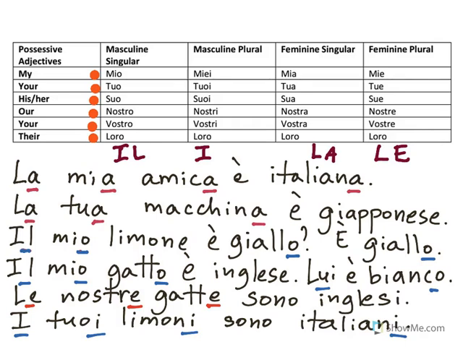Then, according to the gender and number, you modify it to miei, tuoi, suoi, nostri, vostri, loro, if it is masculine plural, or mia, tua, sua, nostra, vostra, loro, if it is feminine singular. If it is feminine plural, you say mie, tue, sue, nostre, vostre, loro.